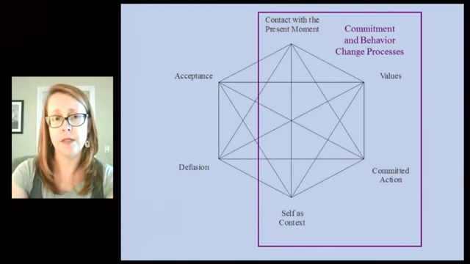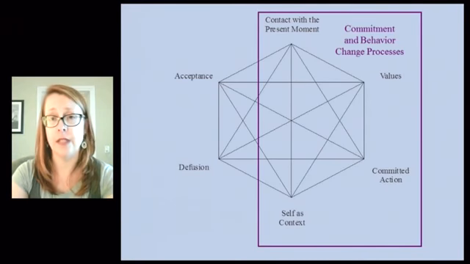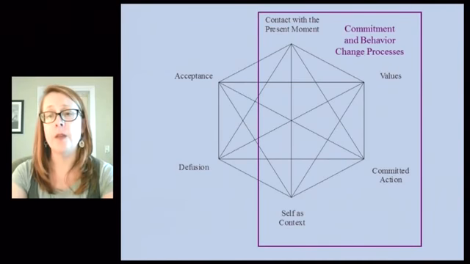So the nice piece about ACT, or one thing I really appreciate about ACT, is that it does have this component, the acceptance and mindfulness processes, which allow us to attend to how we respond to our own internal experiences and how they organize our behavior.